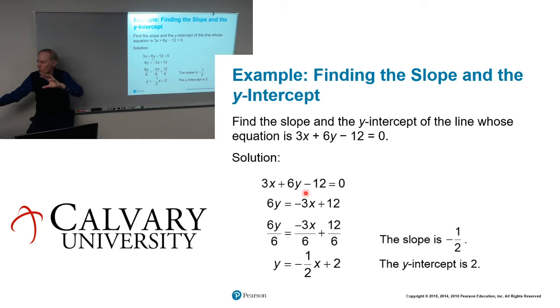So now you have transformed the original equation into a different form, and now you know what the slope is, now you know what the y-intercept is, so you could easily graph it from there. So that's one thing that can be done.